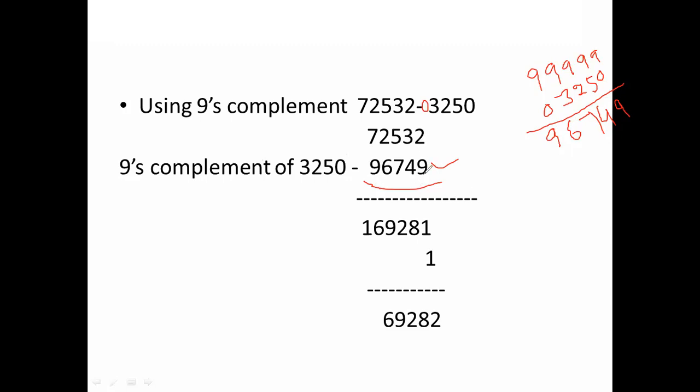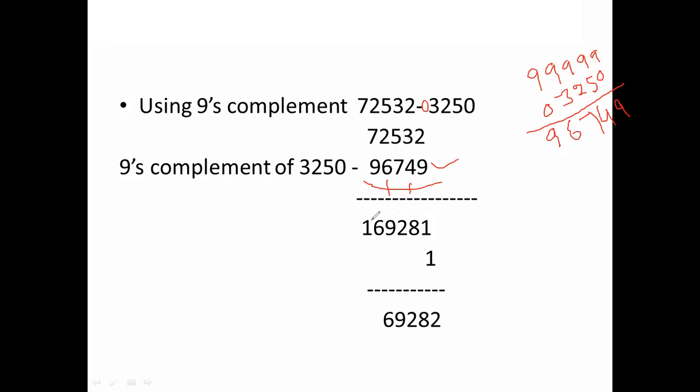2 plus 9 is 11. One is the sum and one is the carry. This is decimal, so it is normal addition. 2 plus 9, 11. So 1 is sum, 1 is carry. 3 plus 4, 7. 7 plus 1, 8. 5 plus 7 is 12. So 1 is the carry. 2 plus 6, 8. 8 plus 1, 9. 7 plus 9, 16.